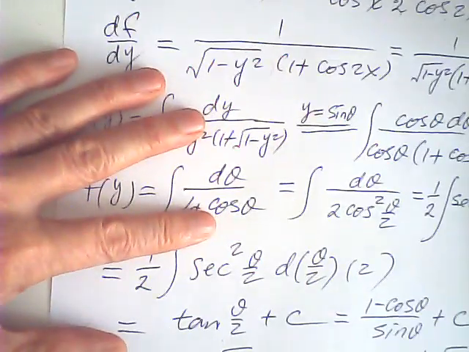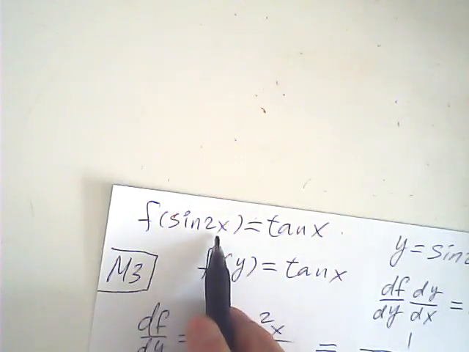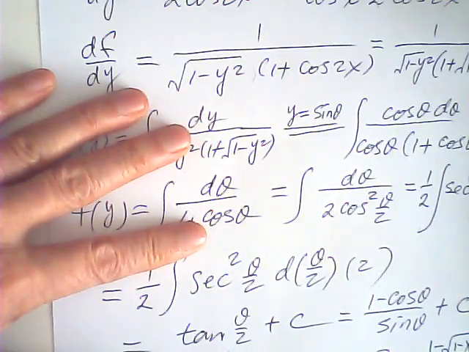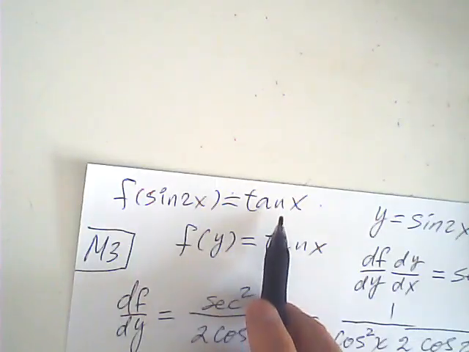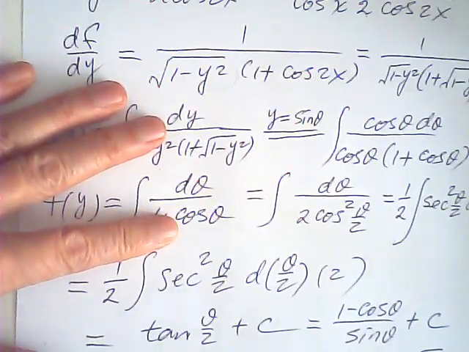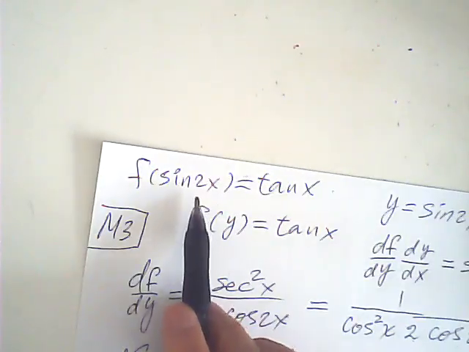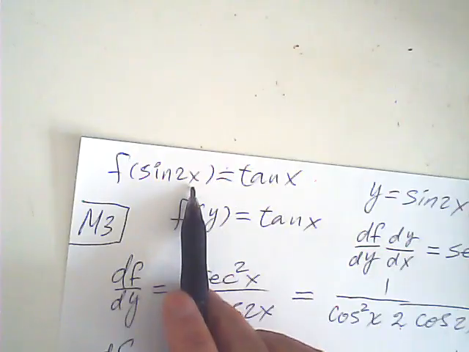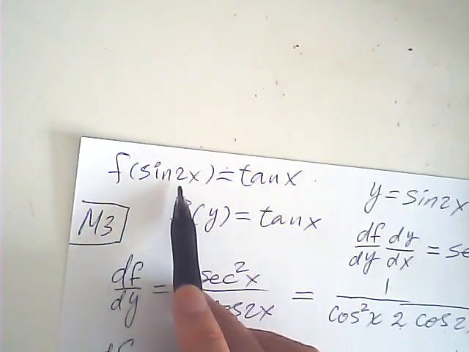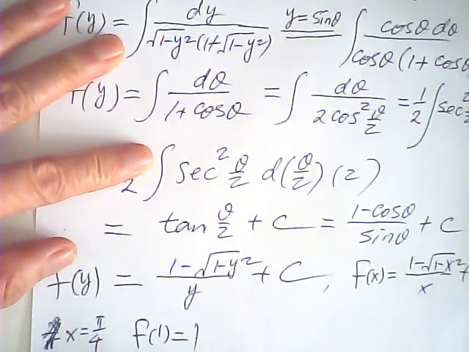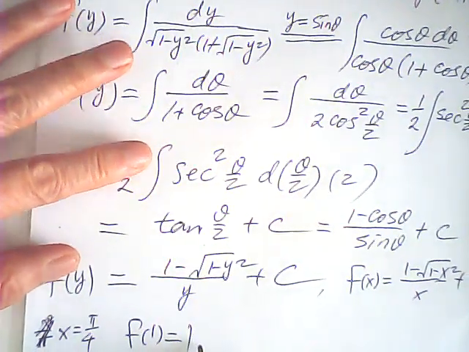When x is equal to quarter pi, this will be f of 1. This will be 1. So f of 1 equals 1.